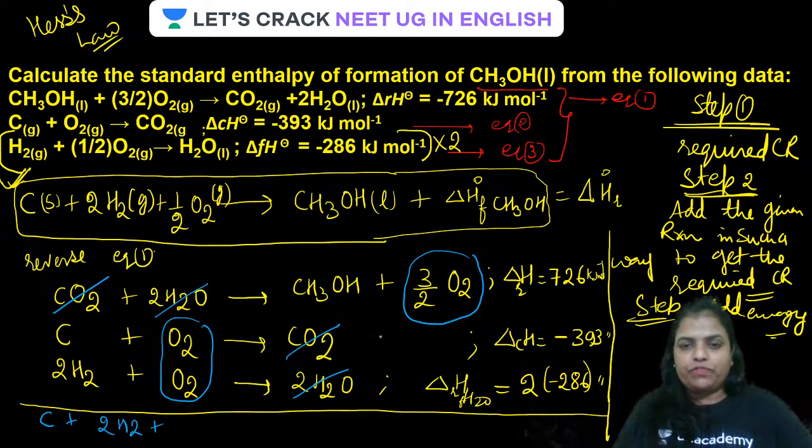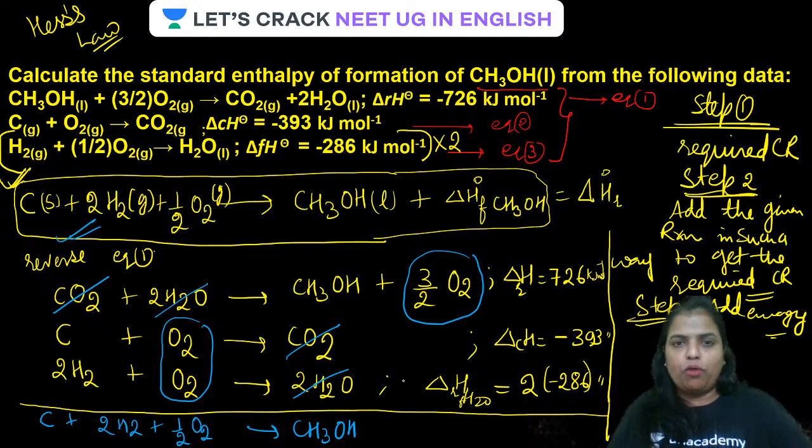So this will come to this side. So 2 minus 1.5 leaves half a mole of oxygen, which is actually the required equation. Now this is going to help us form 1 mole of methanol. Is that clear?